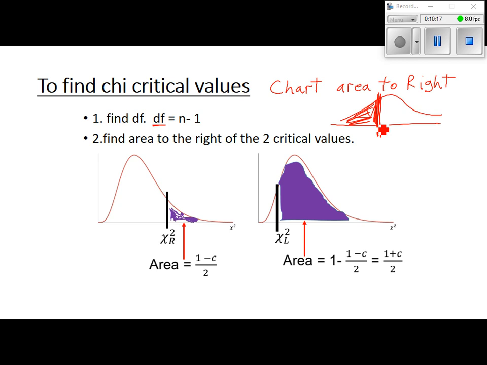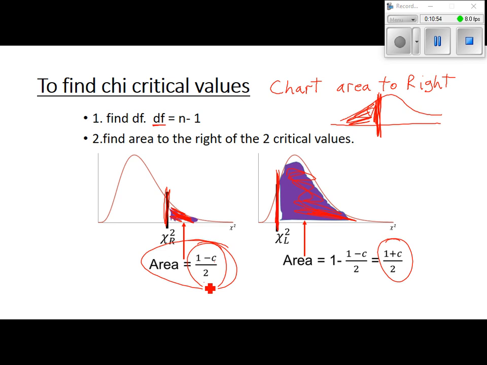And to find those two areas, you do two things. You have 1 minus C, so 1 minus your 95% or whatever, divided by 2. That's going to give you this area over here. And then we do 1 plus C divided by 2, because now that's going to give us this critical value and tell us the area to the right of it, which is going to be a larger number. So we use those two formulas to help us find the right critical value.